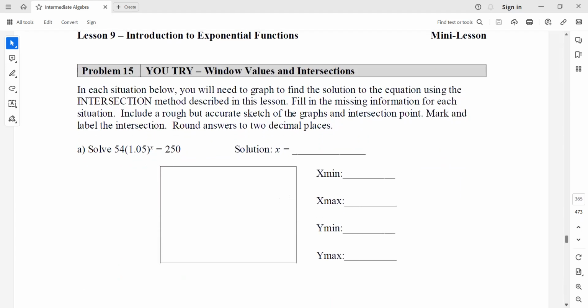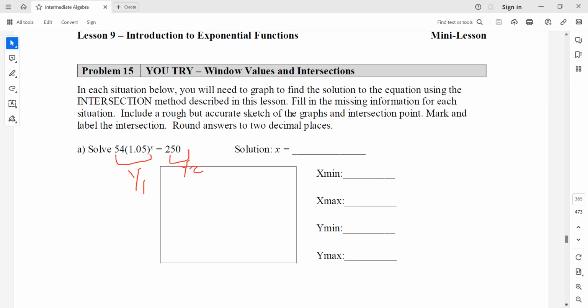So let's look at this problem. In each situation below, you will need to graph to find the solution to the equation using the intersection method described in this lesson. Okay. So again, I have my y1, y2. The window is going to be big, especially for y.